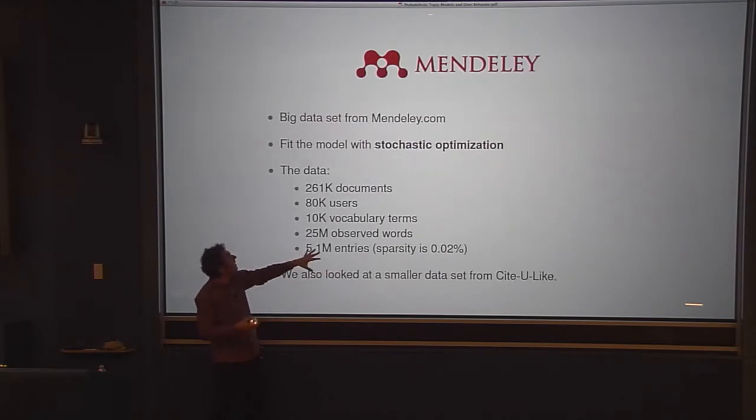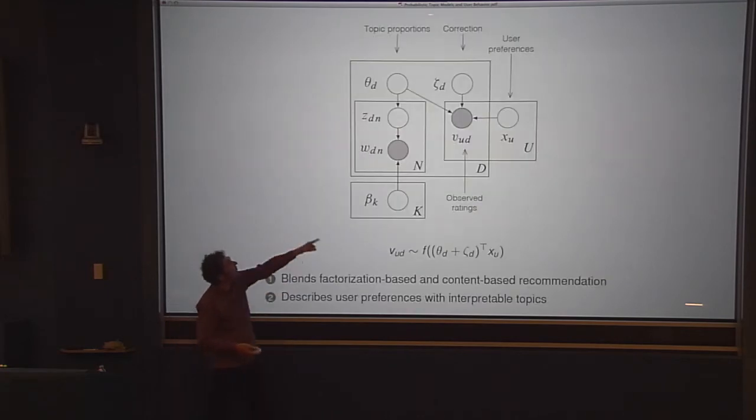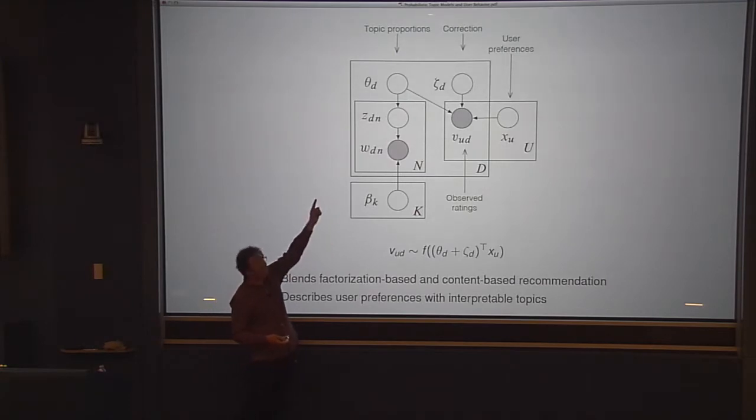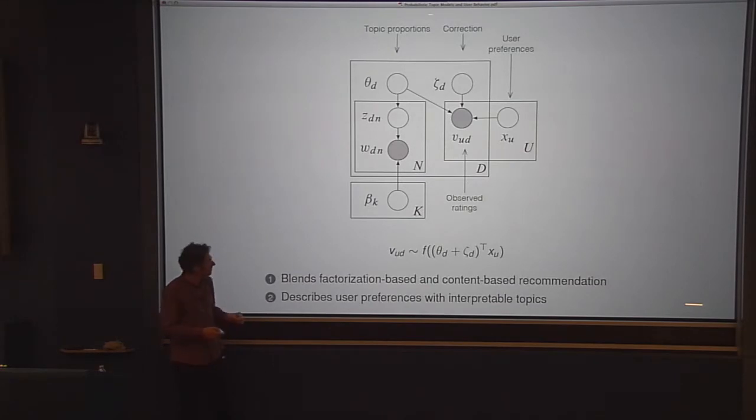Okay, so what that means is that the 80,000 users collectively had 5.1 million articles in their libraries, and the 250,000 documents had 25 million observed words. And we fit that model that I just showed you. We estimated all the hidden variables in this. We have the words, we have the ratings, and we estimated the topics, what people were interested in, what the document is about, and who is actually interested in that document.